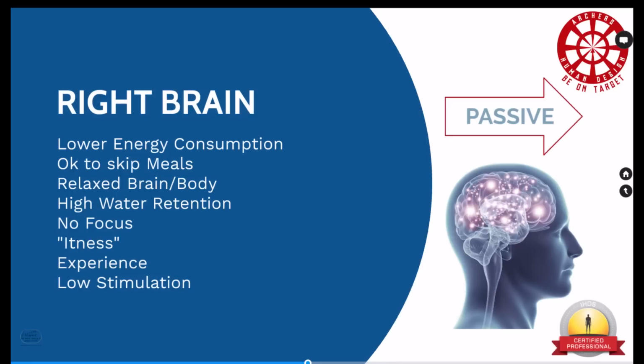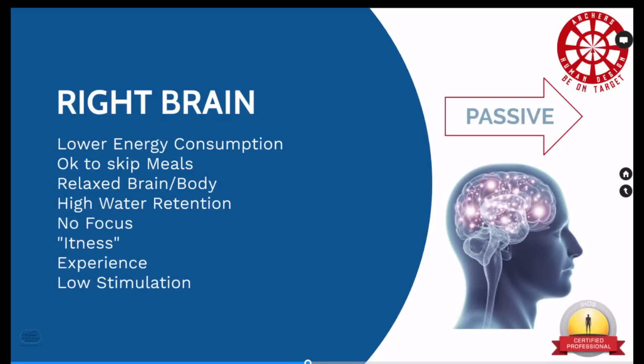The passive brain-body system is here to relax in its brain and in its body. It has a high water retention. Okay, so usually my mind wants to say packing on a few more pounds. That could be one of the changes that happens as you decondition over time, is that your body becomes a little bit softer, especially if you've been trying to be hard-bodied, you know, and get rid of that extra weight.